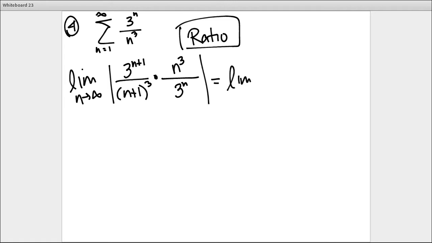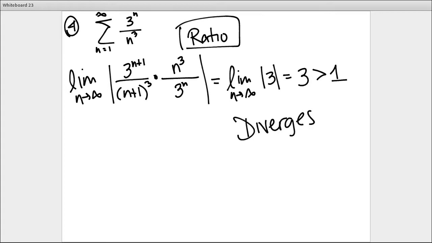And so you end up with the limit as n goes to infinity of 3. So that's just 3, which is bigger than 1, which says this one diverges.